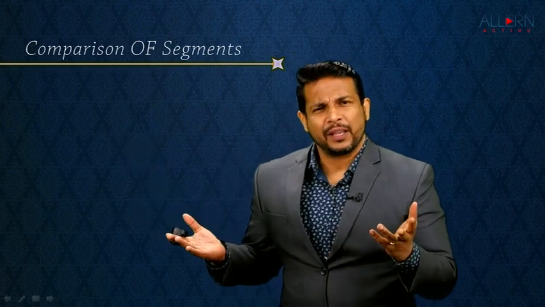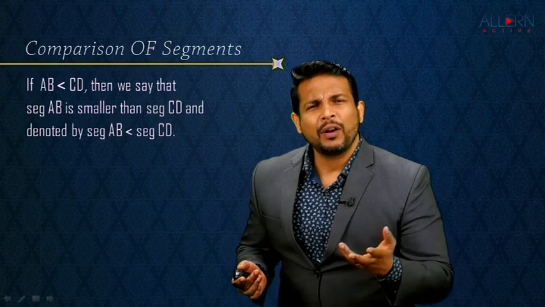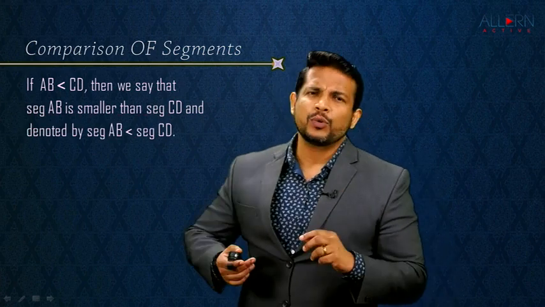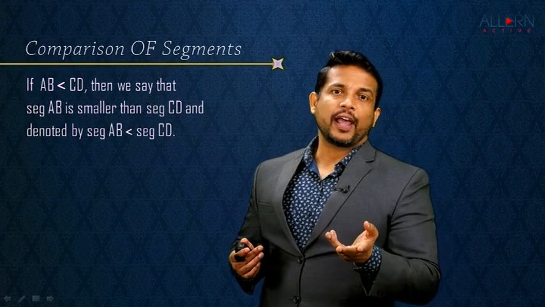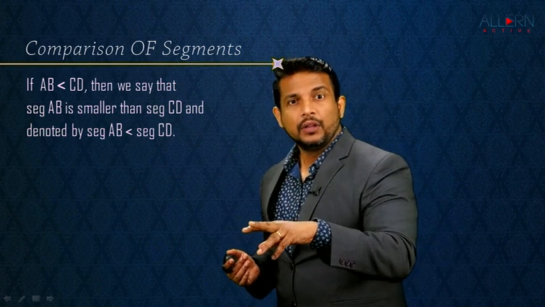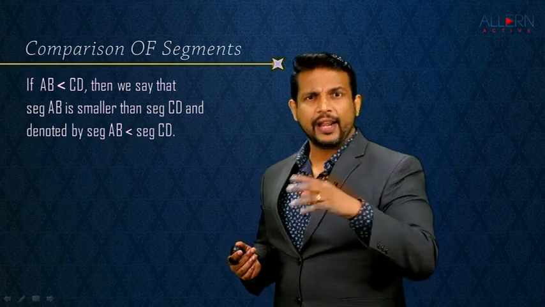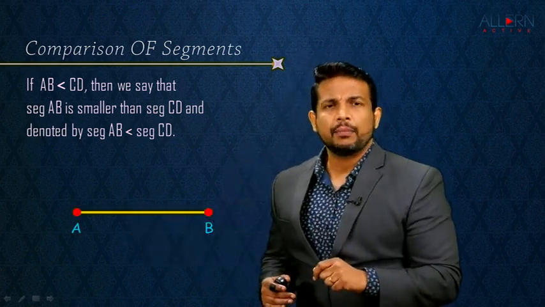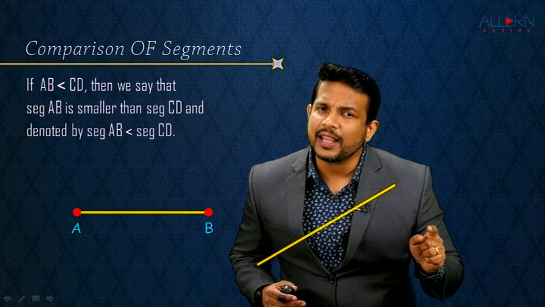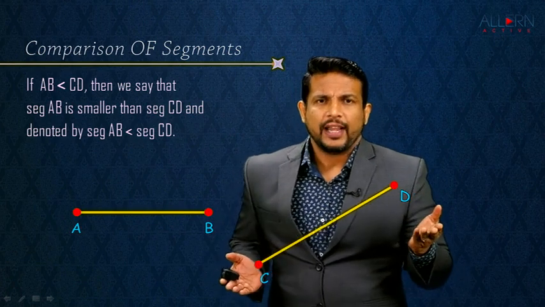Very important. Now let's learn about something very simple. What is that? Comparison of segments. What do you mean by comparison? We know two segments are congruent if they are equal in length. Now if I ask you when is one segment smaller or greater than the other, you will say it's so simple. Suppose we have a segment AB and a segment CD.